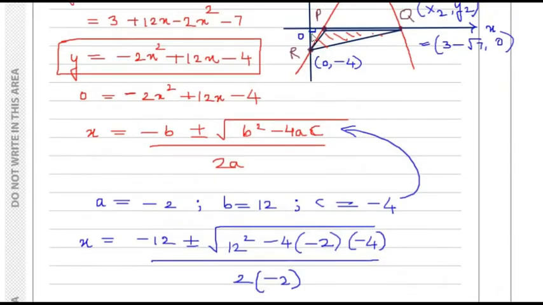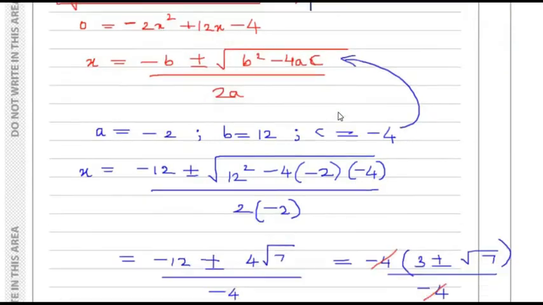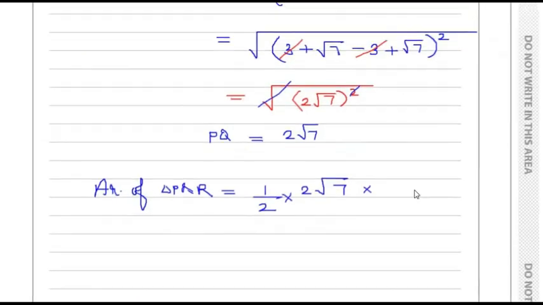So the y value we take as 4. When calculating the area, do not consider the signs, so we take it as positive 4. The 2 and 2 cancel, and we are left with 4 root 7. This is the area.